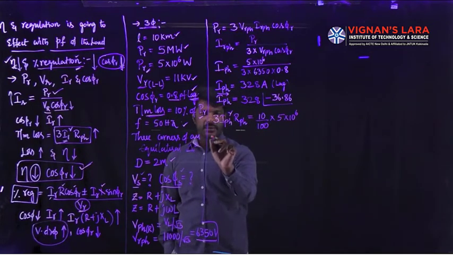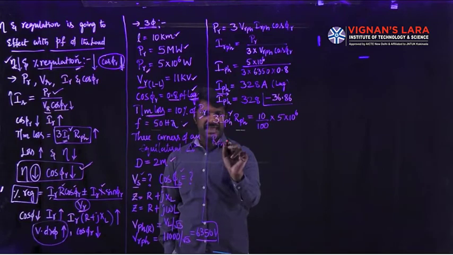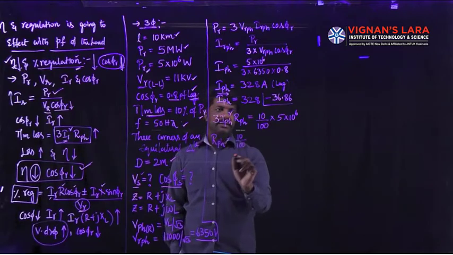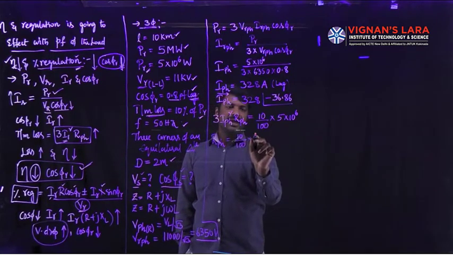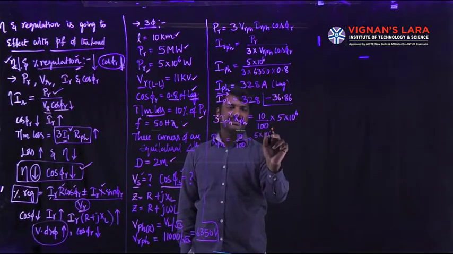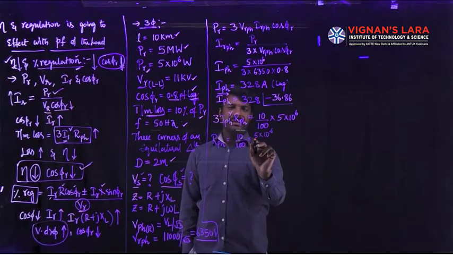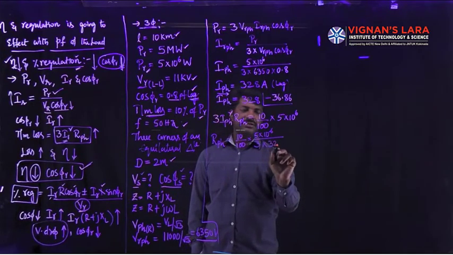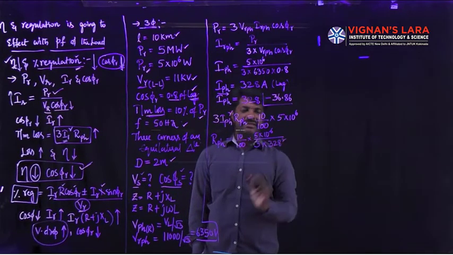Simplifying here, we get the resistance per phase as 10 by 100 into 5 into 10 power 6 divided by 3 I phase square. I phase is the magnitude of the current, 328.